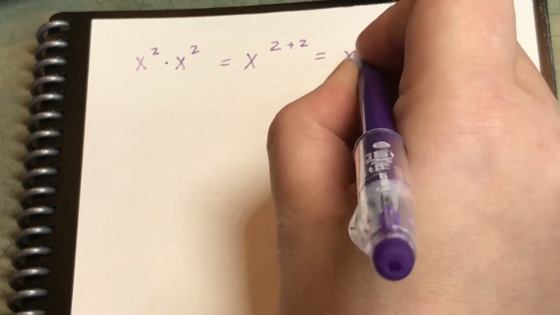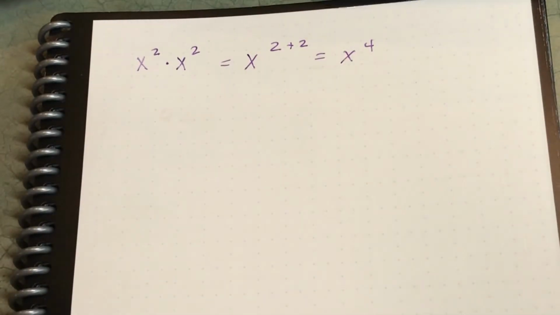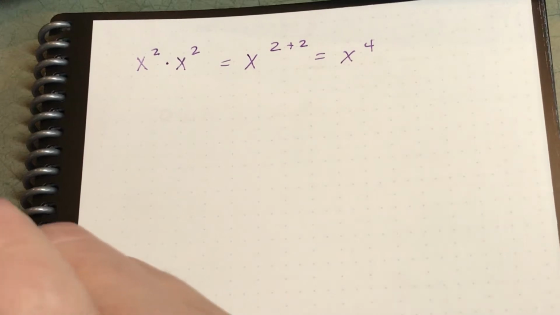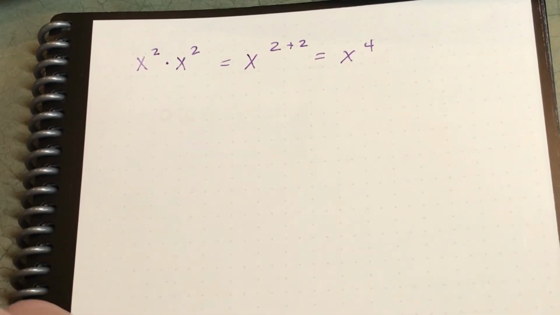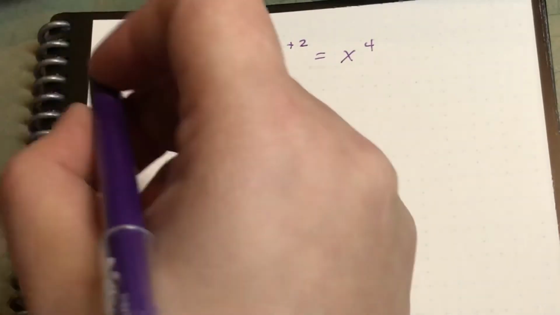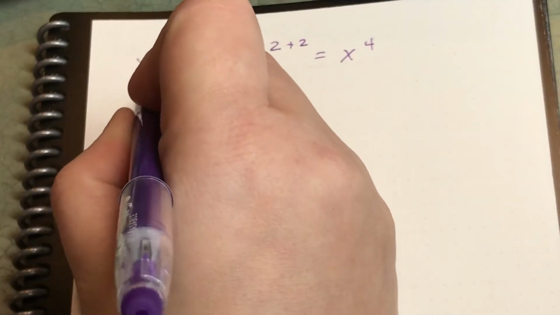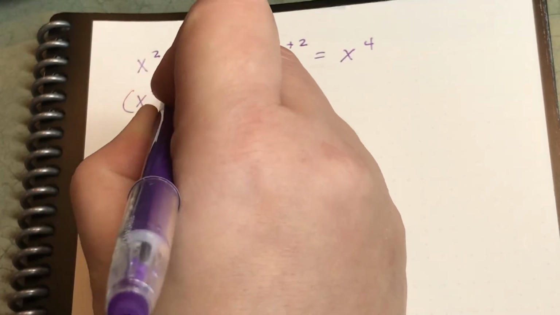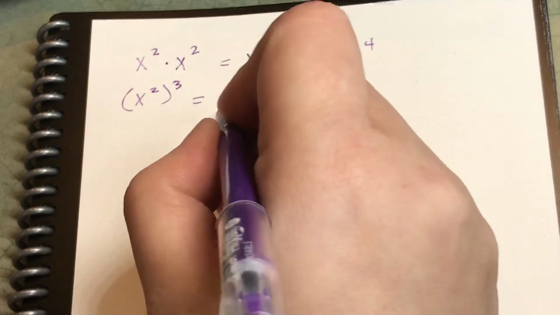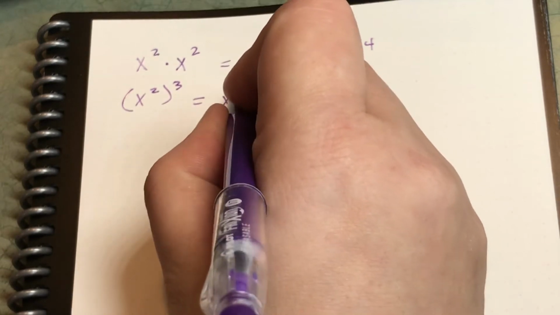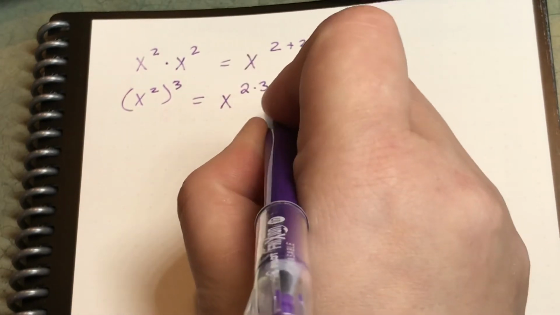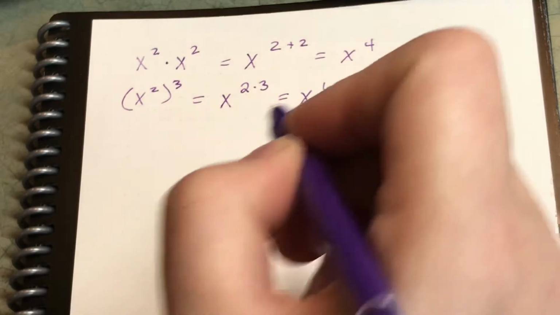So that's x to the fourth. That's the shortcut. I made another video about this if you want more detail, but this is just a quick run through. If we have x squared to the third power, then here we multiply the exponents. So x to the 2 times 3 is x to the 6th.